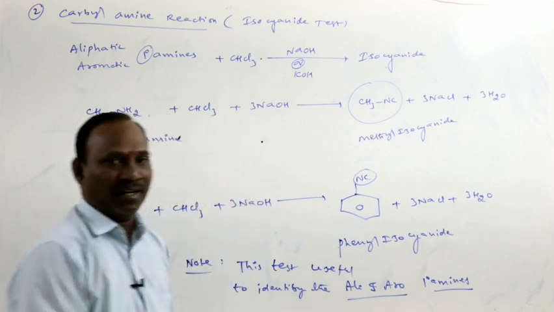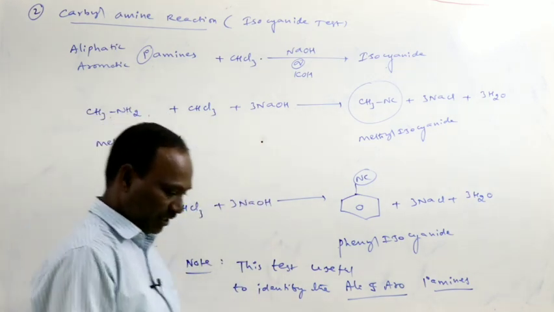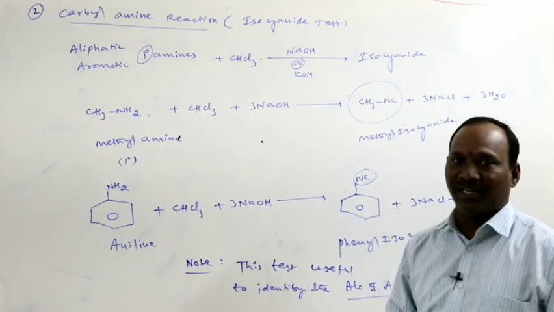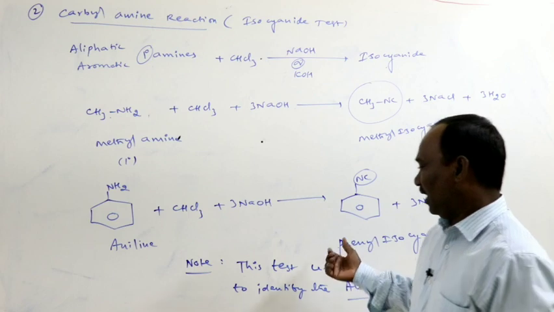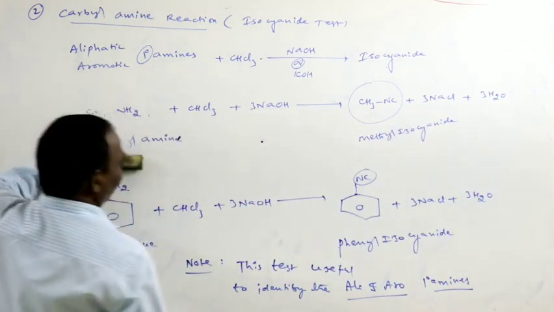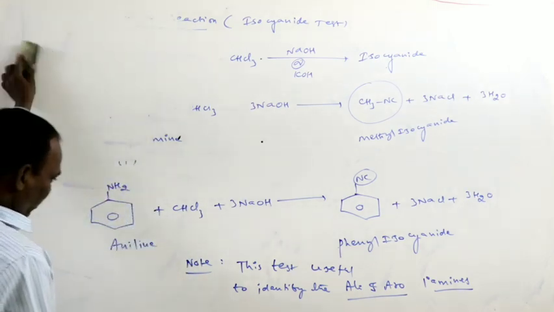Secondary amines and tertiary amines do not respond to the carbylamine reaction. So the carbylamine reaction or isocyanide test is given by only primary amines, aliphatic or aromatic. This is the carbylamine reaction.